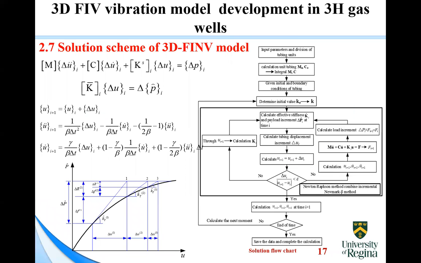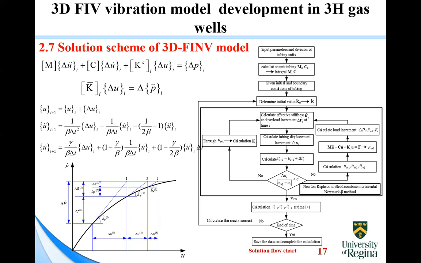Because of the nonlinear factors of the tube string, the model of the tube string is more and more complex. So if we want to calculate the model, there will be more and more difficulty.